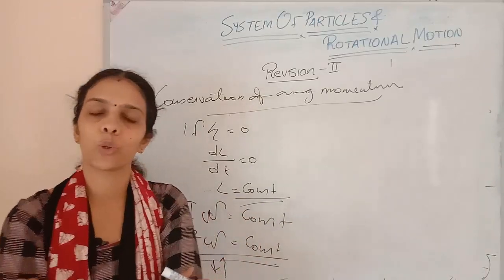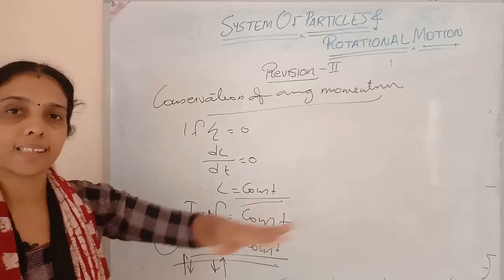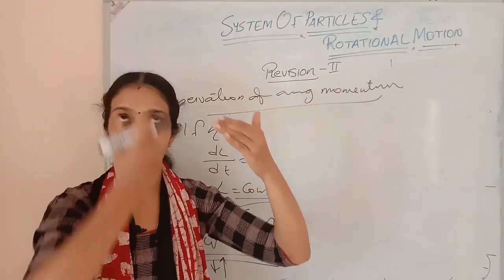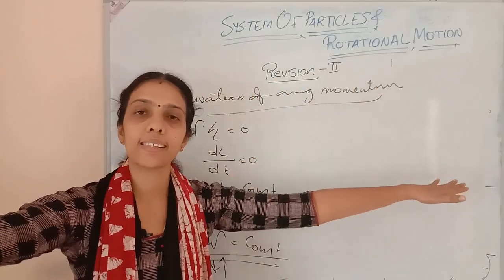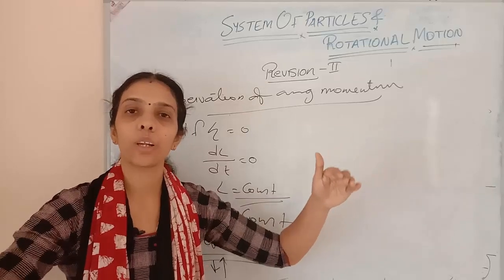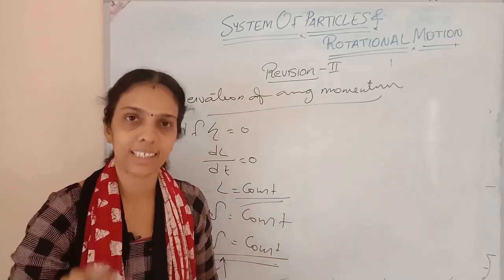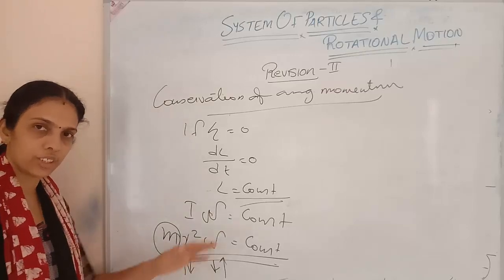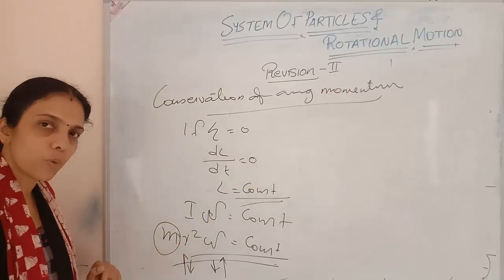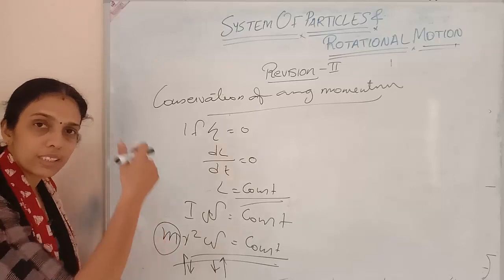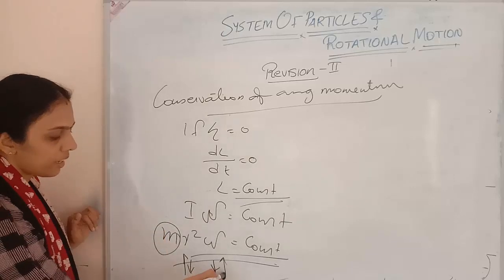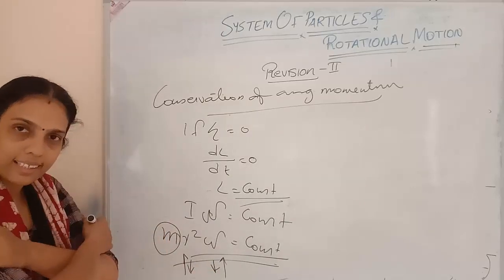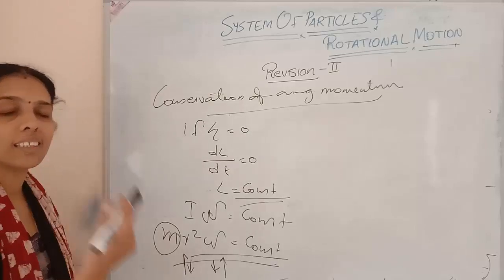In circus also you would have seen this. So as the distance from the axis of rotation increases, angular velocity decreases. As the distance decreases, angular velocity increases.